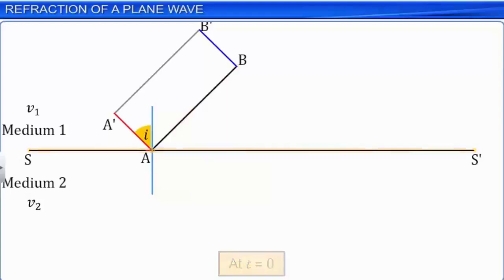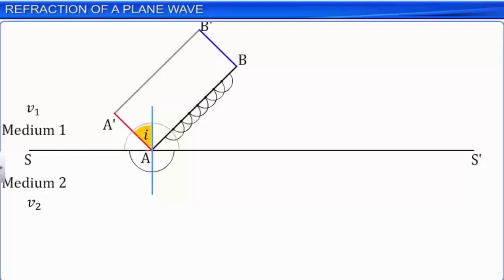The shape and the location of the wavefront at any subsequent instant of time can be found by constructing secondary wavelets. Since point A is on the interface SS', part of the secondary wavelet originated from this point refracts into medium 2 and a part is reflected back into medium 1.